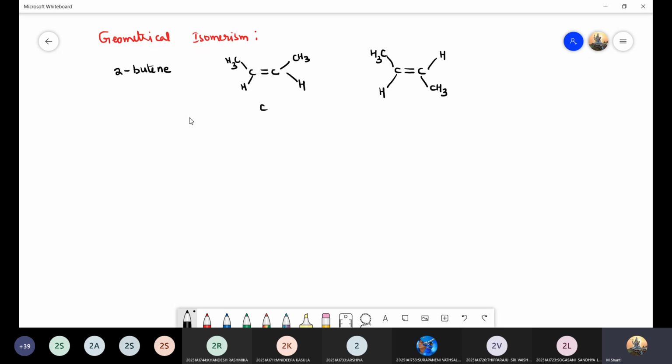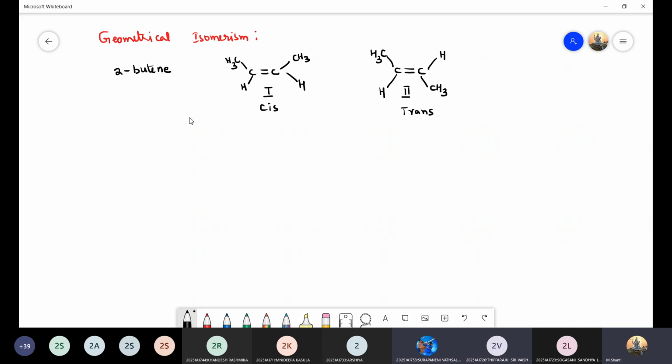The first one is called a cis isomer. The second one is called trans-2-butene. So on what basis am I calling the first structure cis and the second one trans?